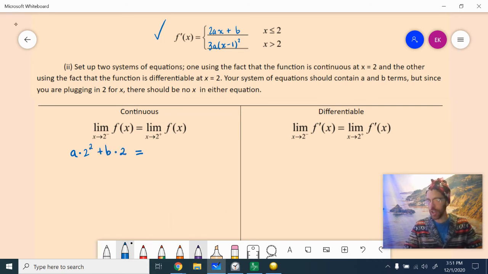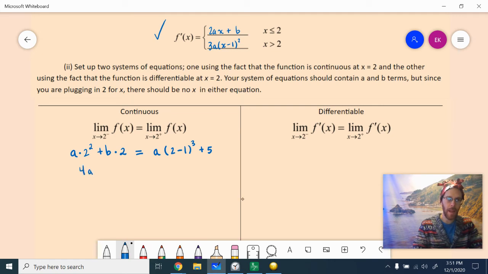And if I plug 2 into the right branch, we would get something like this. I'm going to simplify that down. That would be 4a plus 2b is equal to a plus 5. We could subtract a from both sides, so we'd get 3a plus 2b is equal to 5.